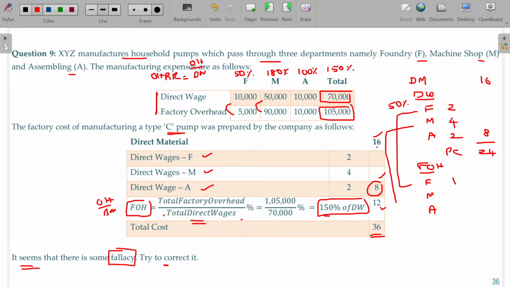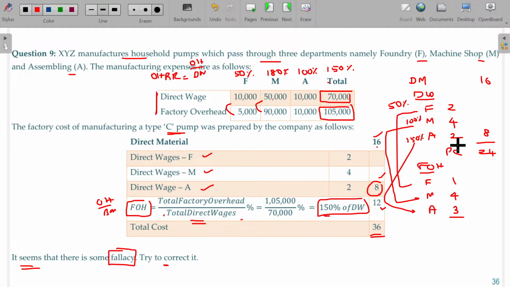For M, 100 percentage will be taken, 4 rupees. For A, 150 percentage will be taken, 150 percentage on this being 3. Then 8 rupees. Is that clear?